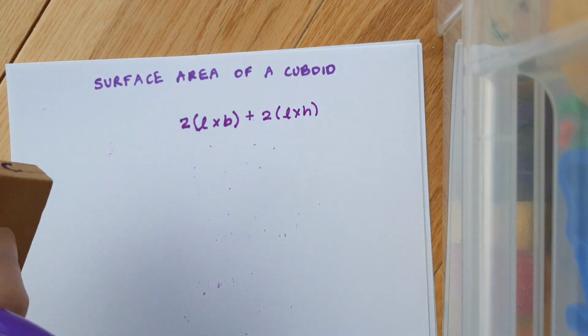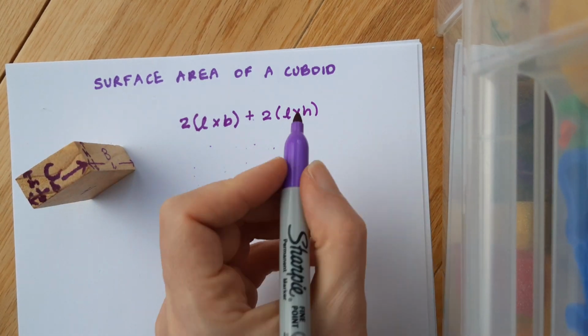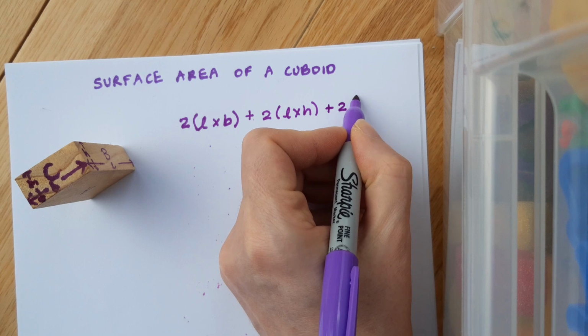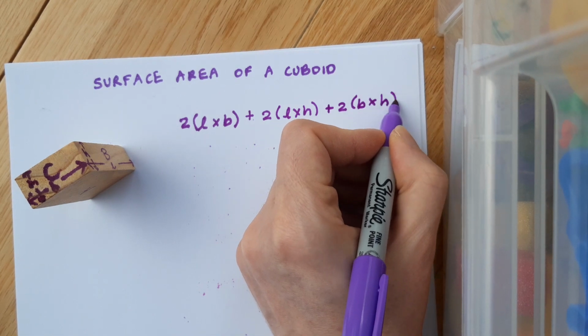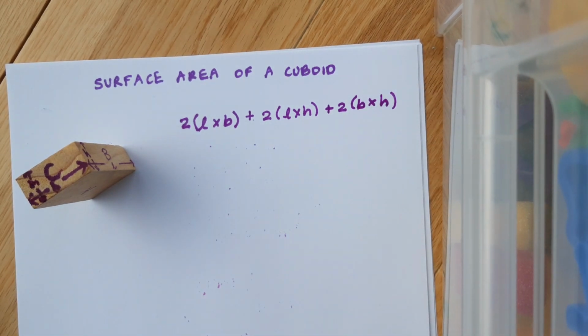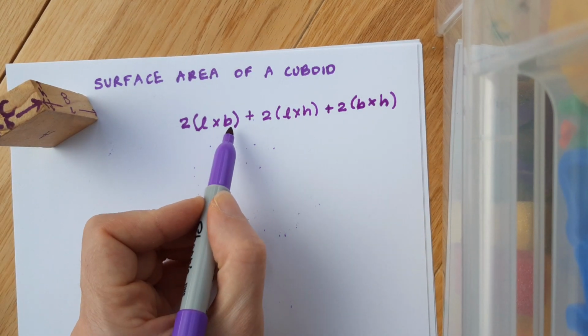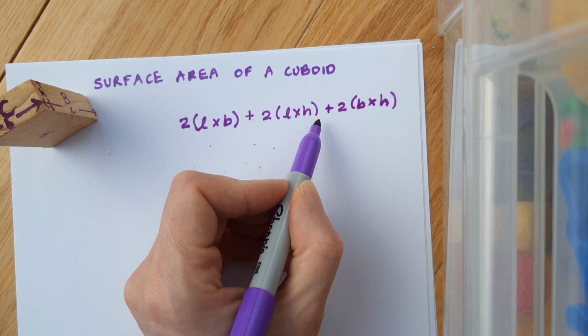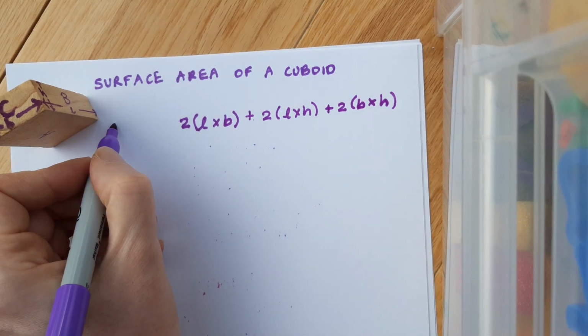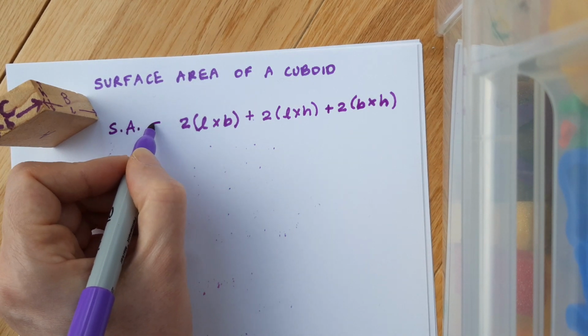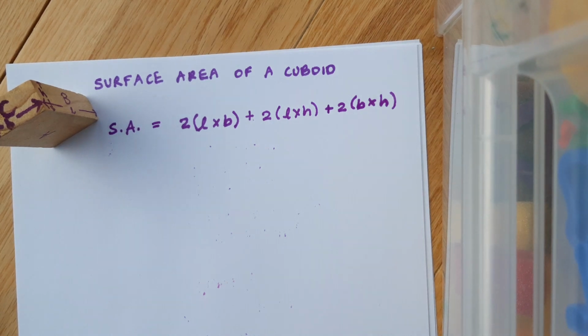And plus, oops, other side, I've got C, which is breadth by height, and I've got 2 lots of that. So my formula for the surface area of a cuboid then is going to be twice the length by the breadth, and twice the length by the height, and twice the breadth by the height. That's my surface area formula, and I'm going to use SA as an abbreviation for that. So let's calculate the surface area of this cuboid.